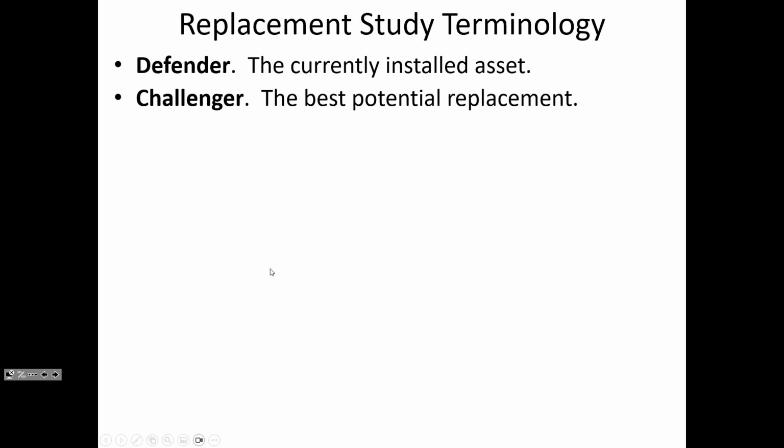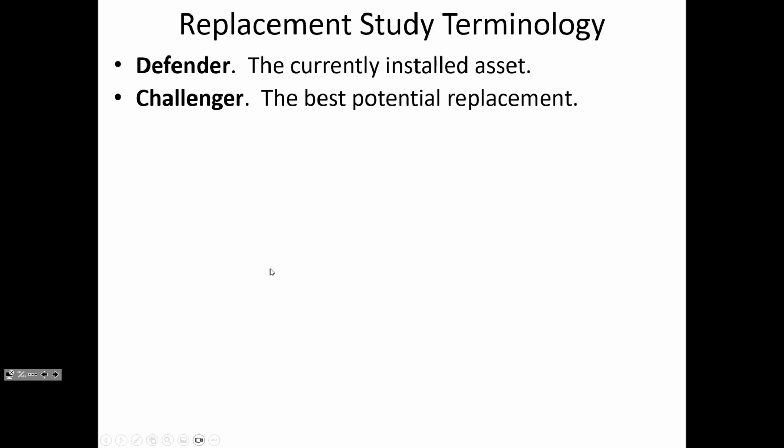Now, in the analysis of a replacement study, you're basically doing an economic service life analysis for two different options. An option that you already own, which is the Defender, and an option that you're thinking about replacing it with, which is called the Challenger.